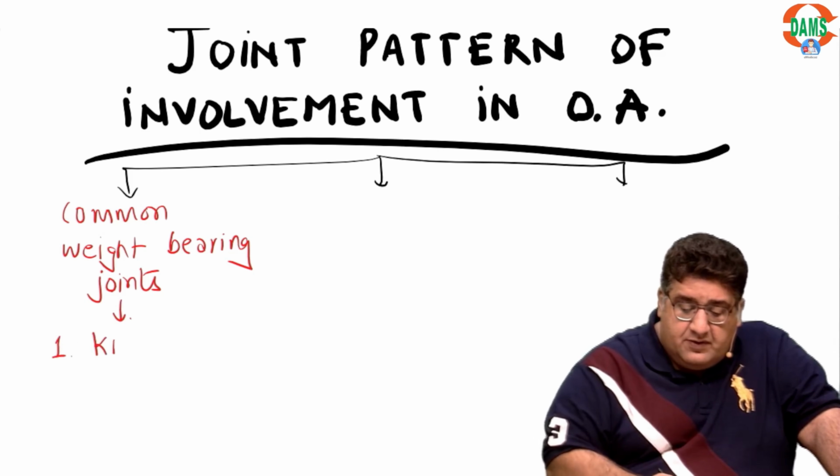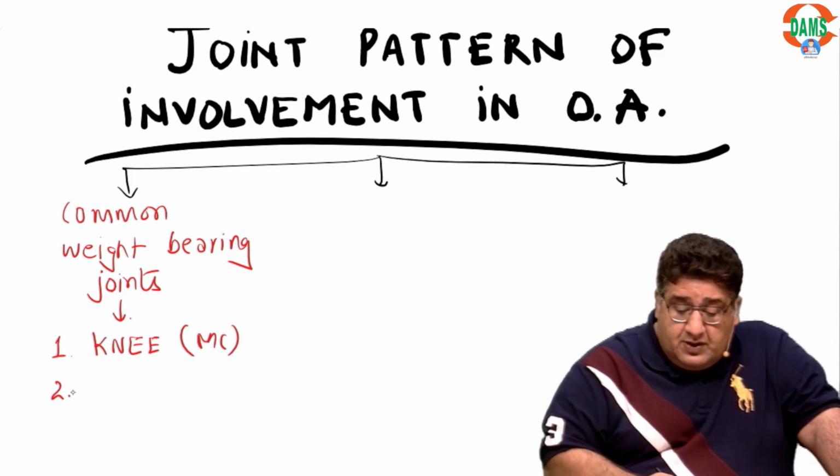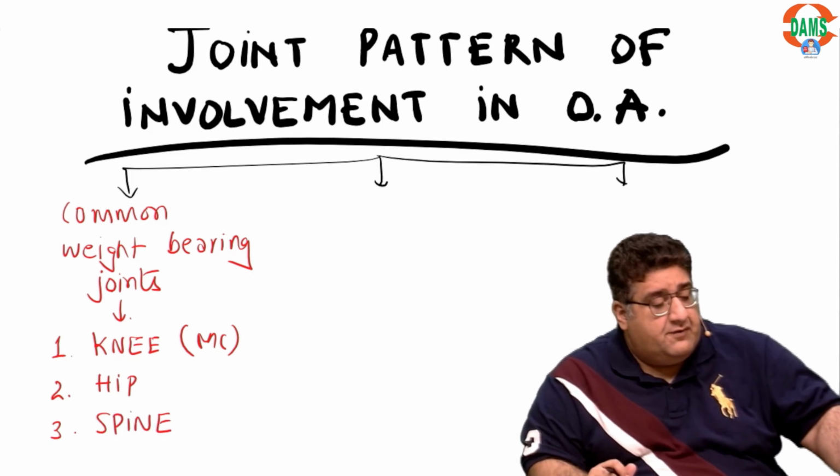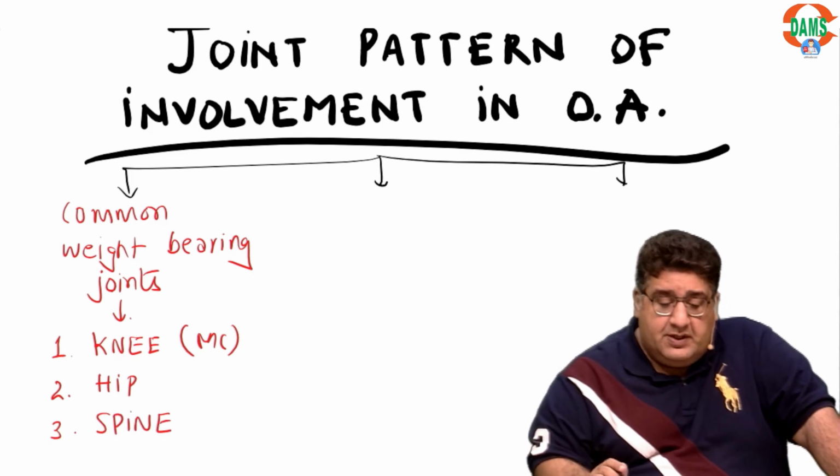The first joint is certainly the knee, which is technically the most common joint involved. Second common weight bearing joint is hip. The third common weight bearing joint is the spine. All right, so these are the three very commonly involved weight bearing joints.